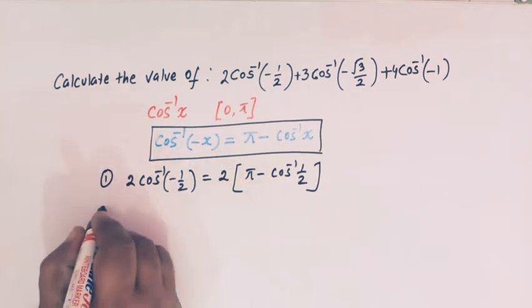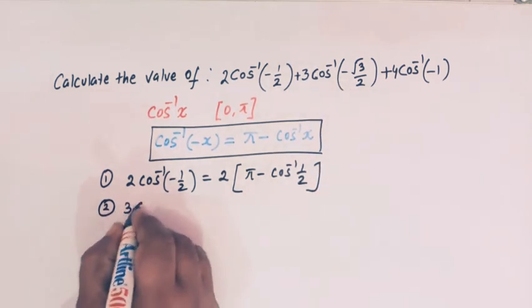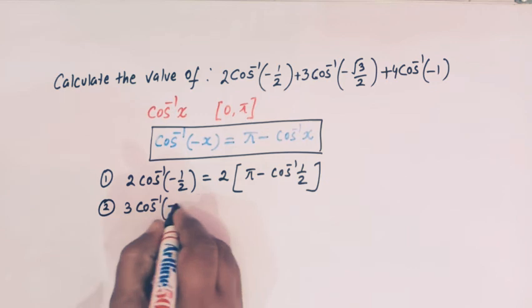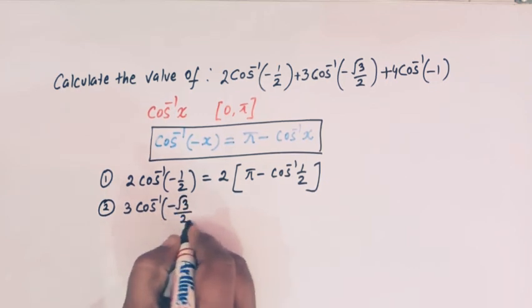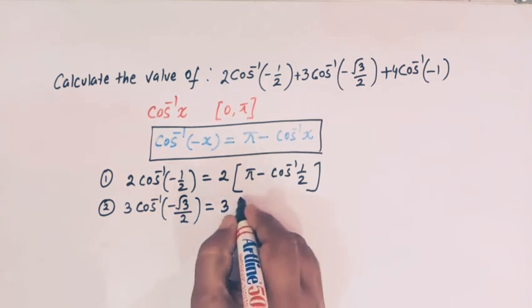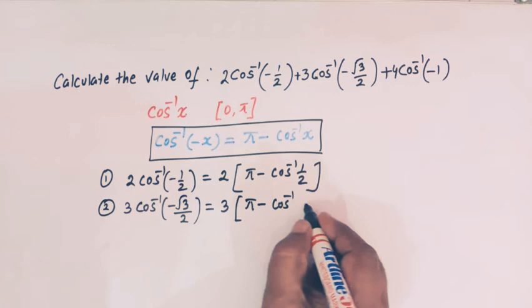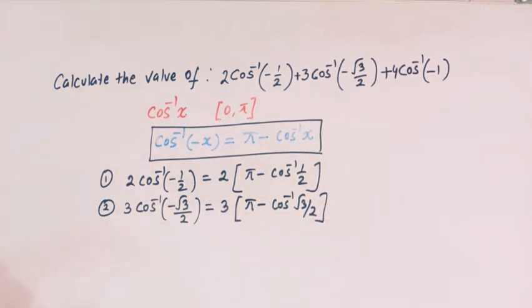Similarly, the second term, which is 3 times cos inverse of minus root 3 over 2, can be written as 3 times pi minus cos inverse of root 3 over 2, right?